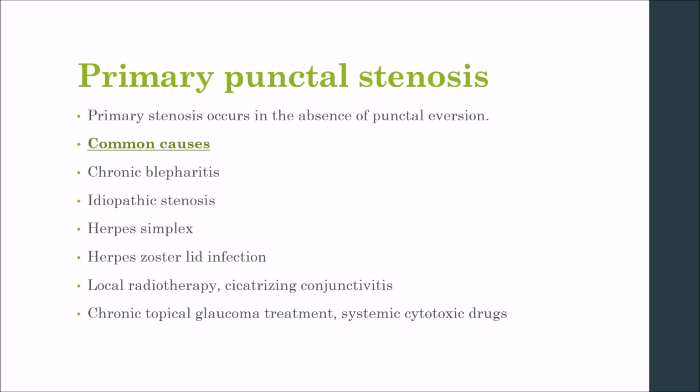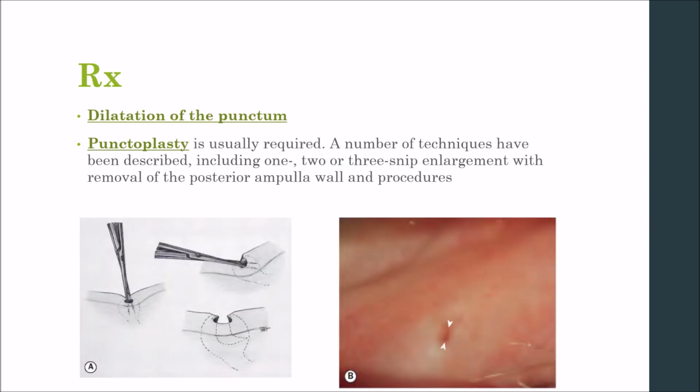Now, management: dilatation of the punctum alone can be tried, but rarely gives sustained benefit. Punctoplasty is usually required. A number of techniques have been described, including 1, 2, or 3 snip enlargement, as shown here in the first figure.